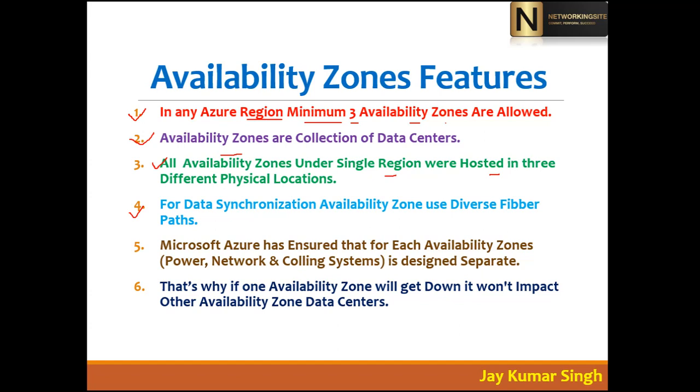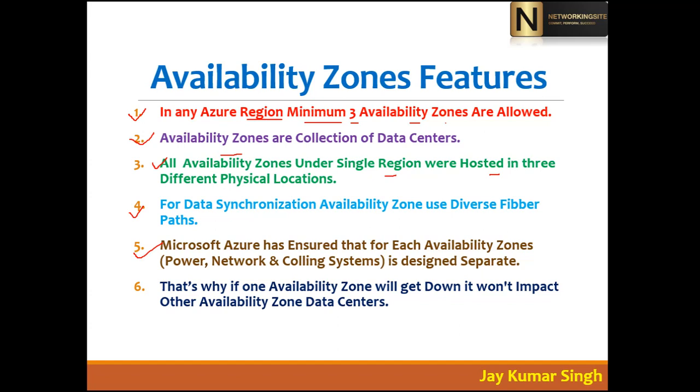That's why it says diverse fiber path: you will find only Microsoft data center data crossing with the help of that fiber. No public data you will find there. So that's a Microsoft private connection, or you can say a leased connection between the data centers.